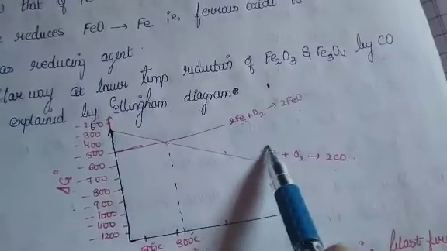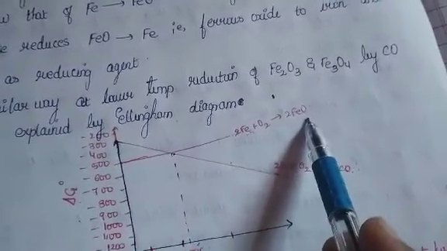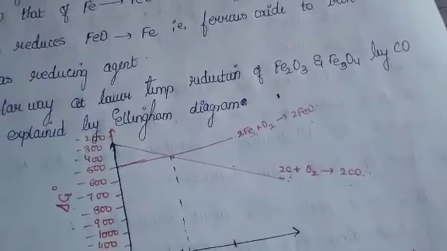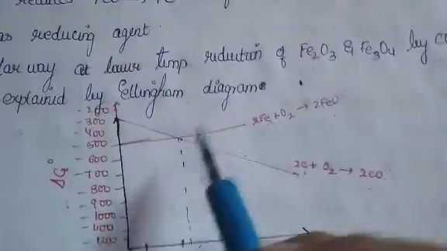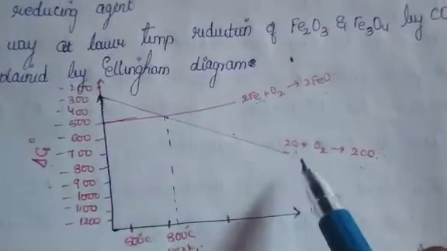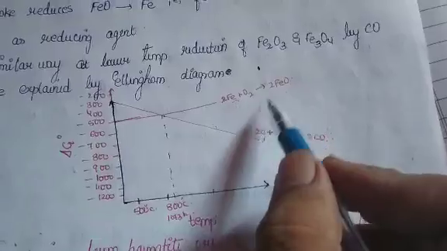So the tendency of the reducing agent to extract the oxygen from your metal oxide increases and the reaction becomes more spontaneous. So keeping this in mind, by using the same form, we can use the coke as a reducing agent only when it is lying below that of your metal oxide curve.